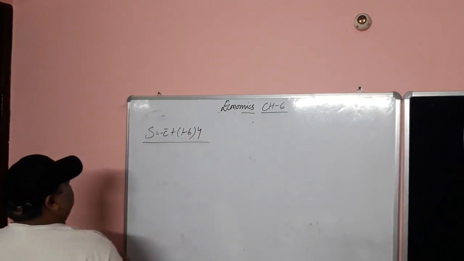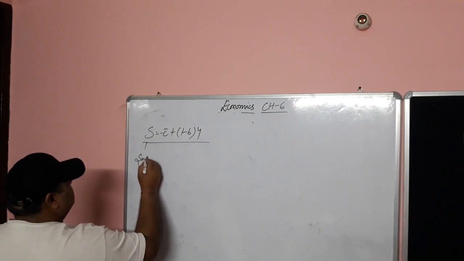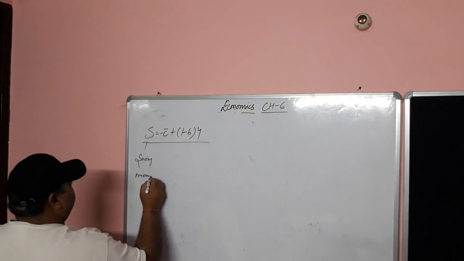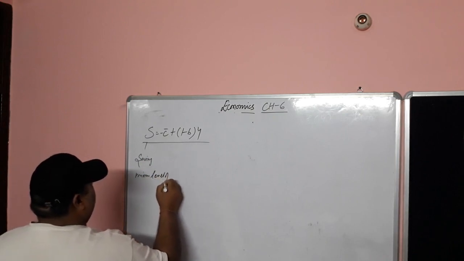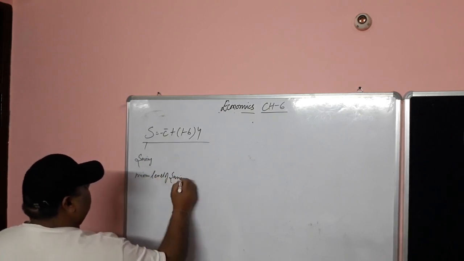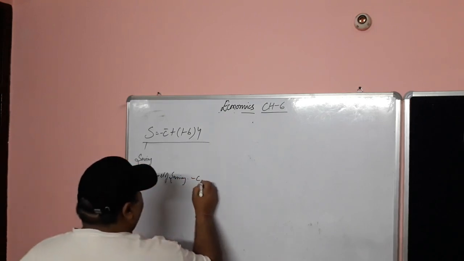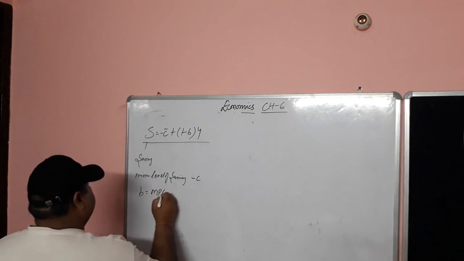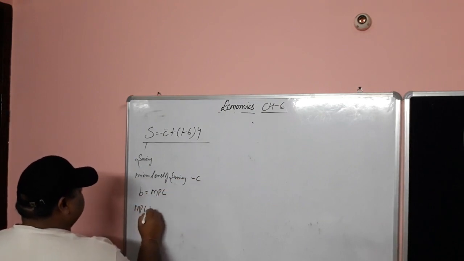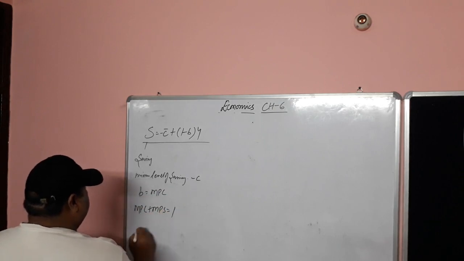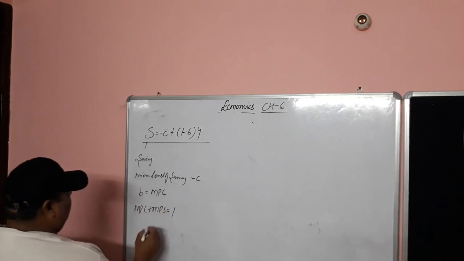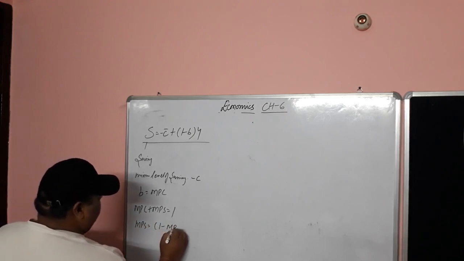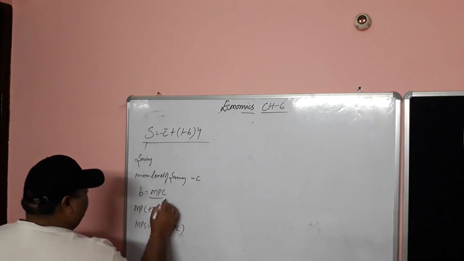Here S indicates saving, and the minimum level of saving is negative. b means MPC, and MPC plus MPS equals 1. So how do you find the value of MPS? MPS means 1 minus MPC, where b indicates the MPC.